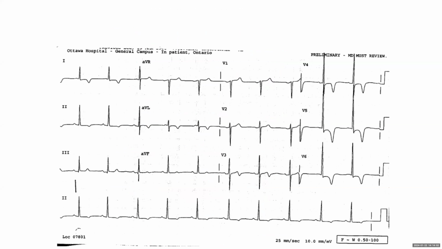This is correct. LVH, STT changes associated with hypertrophy. Giant T-wave inversion. We said what's the definition of giant T-wave inversion? We have a vote for more than 5 millimeter, more than 10. Yeah. For the giant T-wave, it's more than 10. Good.